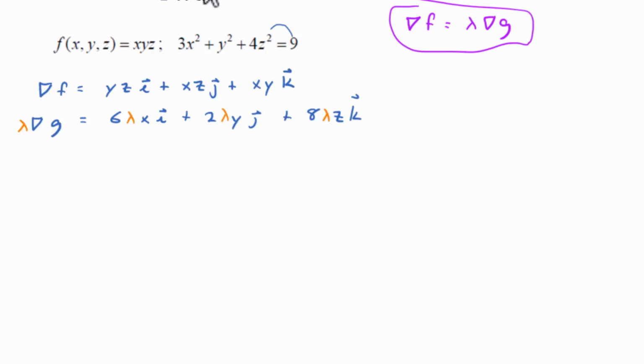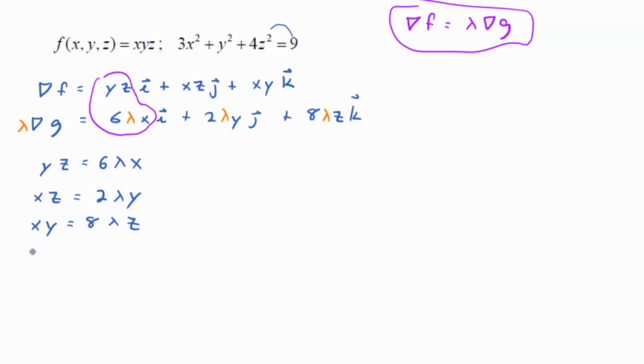What are the corresponding components that are equal to each other? yz equals 6 lambda x. xz equals 2 lambda y, and finally xy equals 8 lambda z. And then don't forget your constraint equation, 3x squared plus y squared plus 4z squared equals 9.